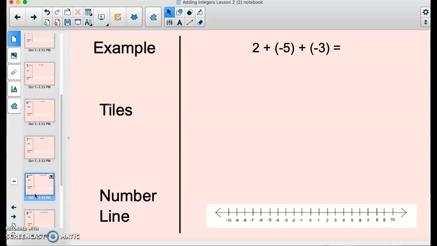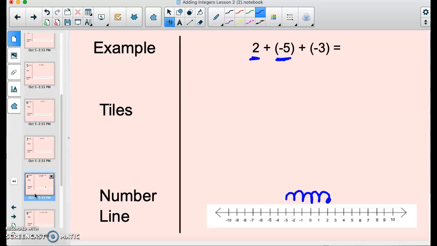Okay, now an example with 3 numbers being added together. We're going to start with the 2. We're adding a -5, so we come down to the number line. We have 2, and we're adding a -5. Negative tells us to go to the left 5 times. 1, 2, 3, 4, 5.